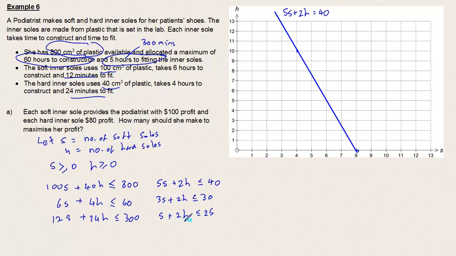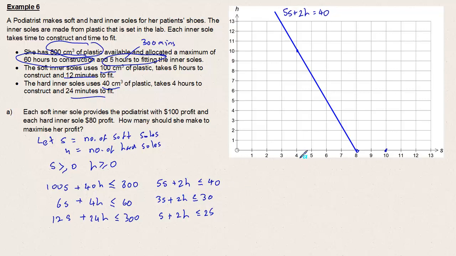Now for the second one, if we take H equal to 0, that means that S would be 10. So that's just here. Once again, we've got a problem with making S equal 0. H would be 15, which is off the top. So choose a different value for S, say 4. S is 4, that's 12, so therefore 2H would need to be 18, so H would be 9.